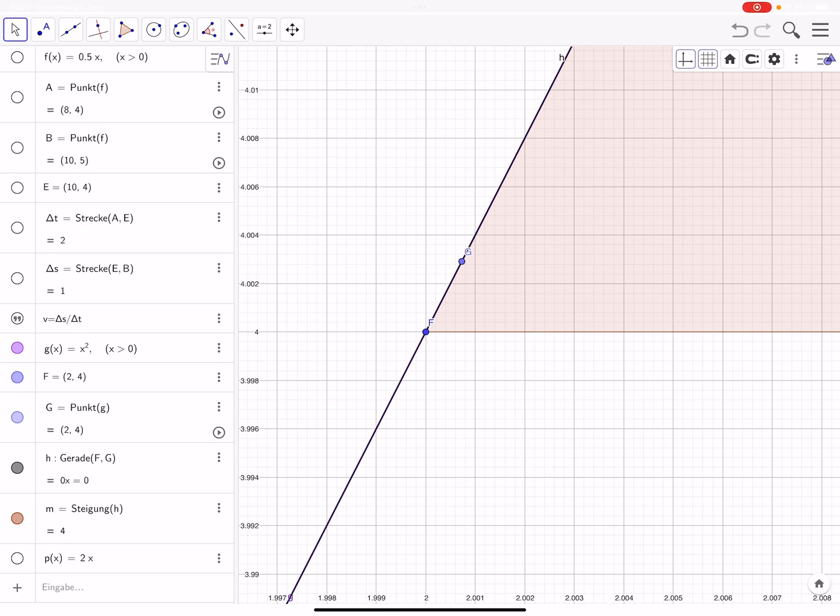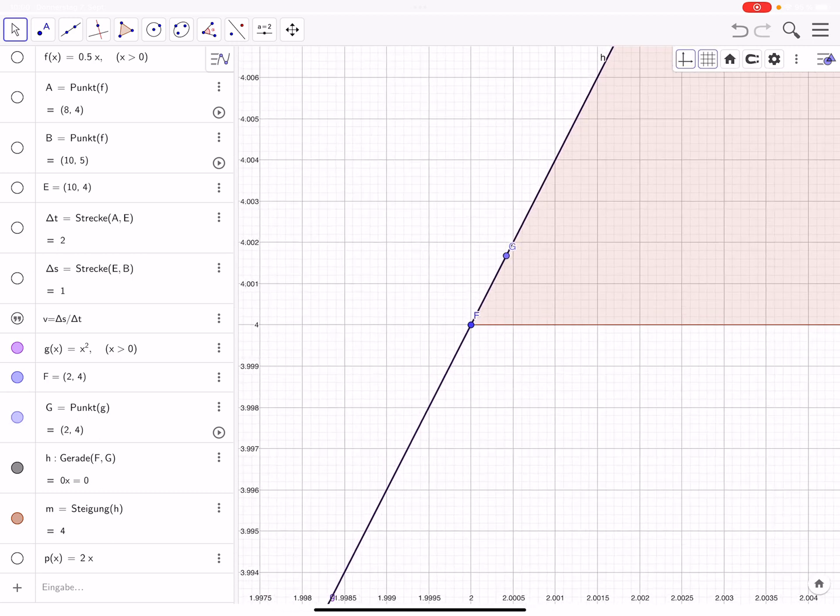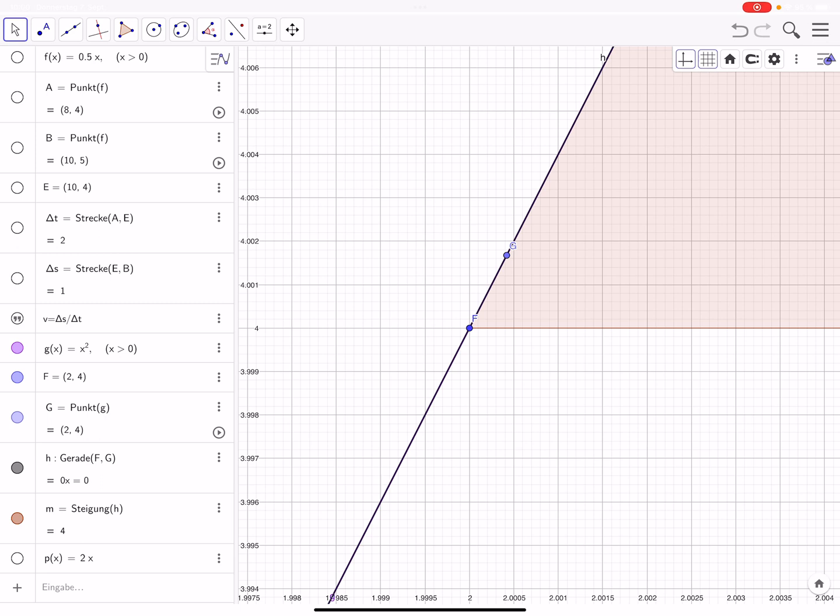But what we can see here already is we can move point G, we can make delta t infinitely small, and that's what's meant by this expression limit.